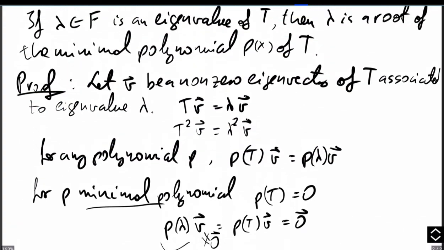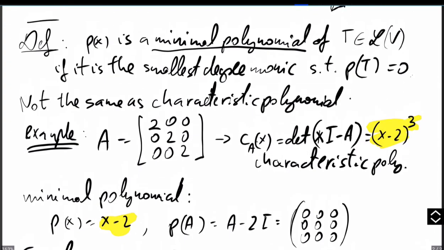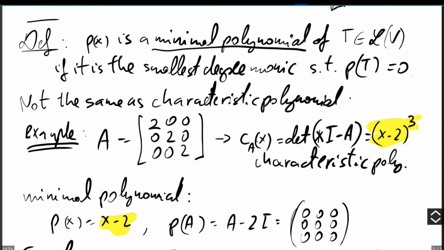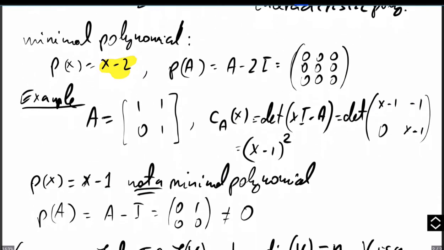So looking back at the previous two examples, for this diagonal matrix, we got minimal polynomial x minus 2 with no repeated root. And yes, the A is diagonalizable. Actually, A is already diagonal. For the second example, I didn't mention what the minimal polynomial is, but since x minus 1 was not the minimal polynomial, that means the smallest degree could be the quadratic.